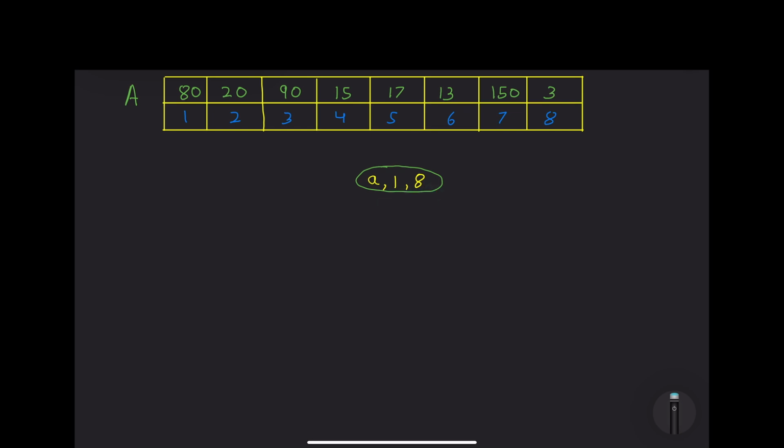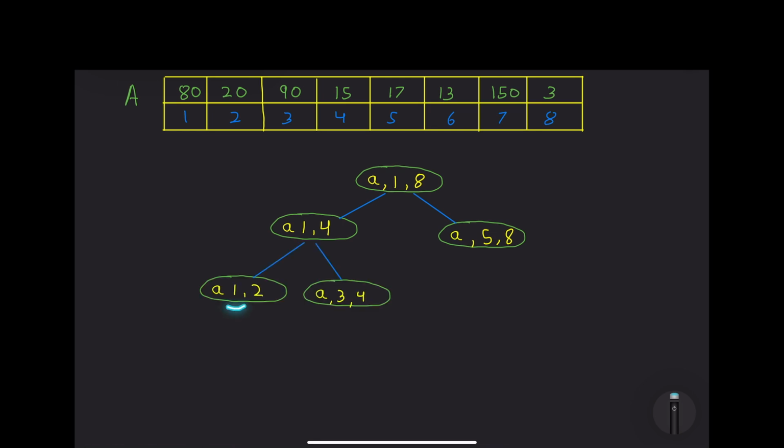Now we will keep on dividing the array recursively until we get a small subproblem that can be solved easily. We have divided the array into two parts with index 1 to 4 and 5 to 8. On the left side, we will again divide into two parts with the elements 1 and 2, and 3 and 4.